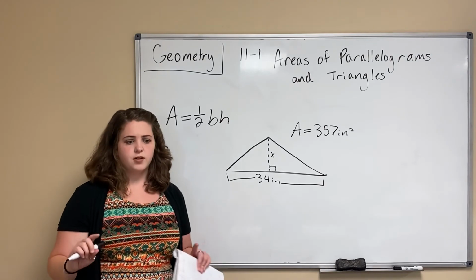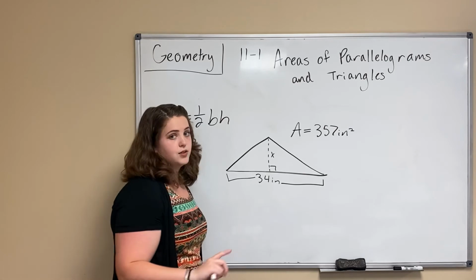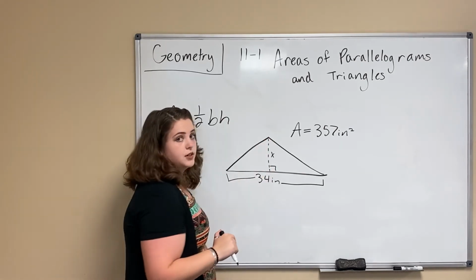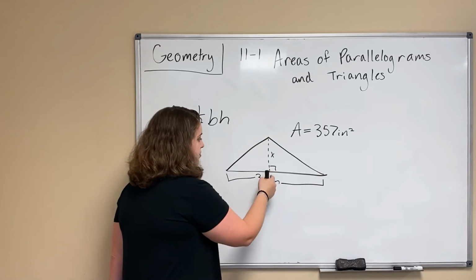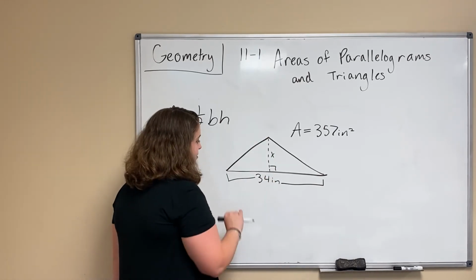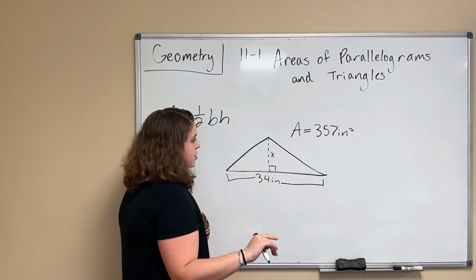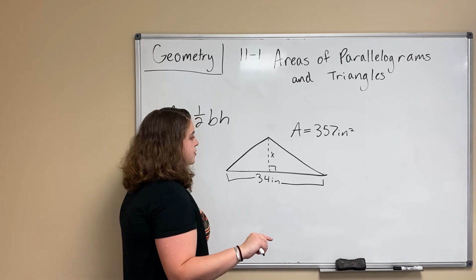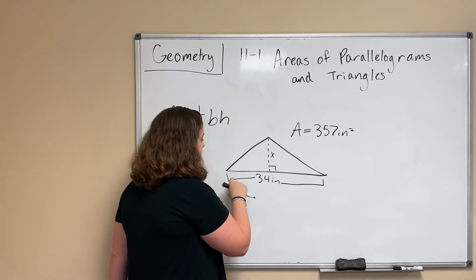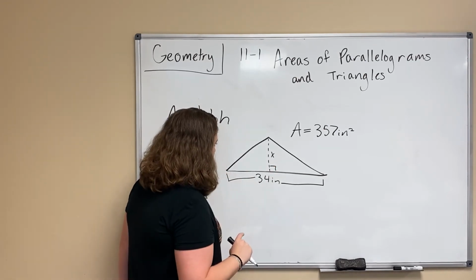One quick thing I want to note before we move on is the height of a triangle has to be an altitude. It has to start at the vertex and go all the way to the base at a right angle. Again, you can choose whichever side you want to be the base, but to find the height, you have to go from the vertex to a 90-degree angle with the base.